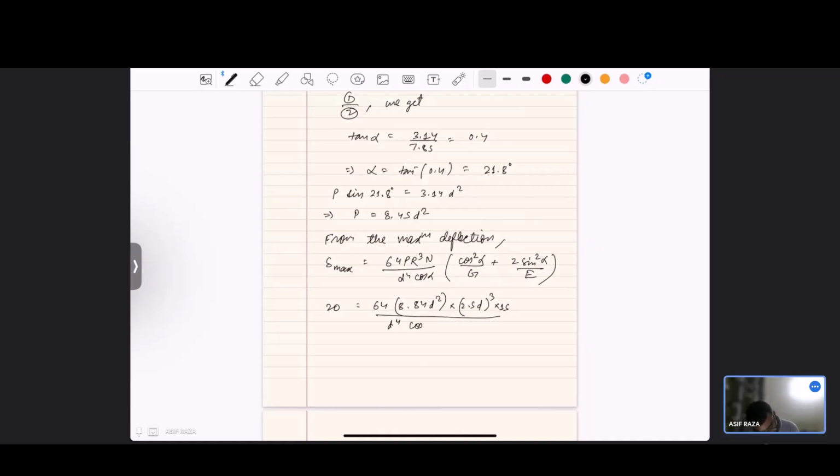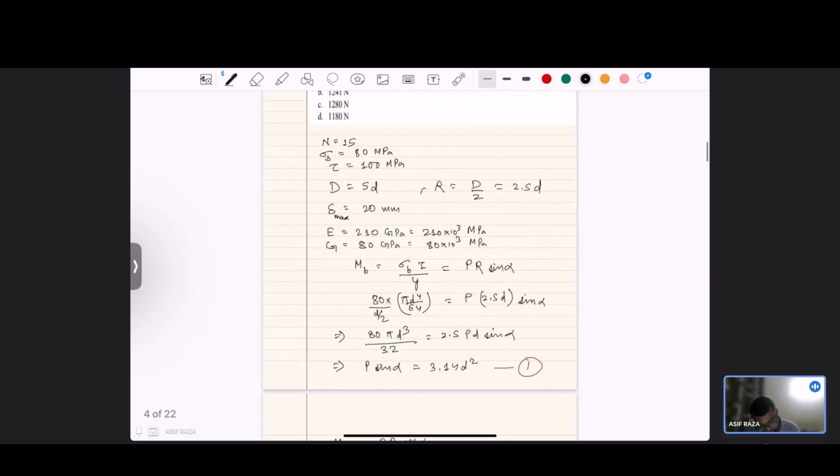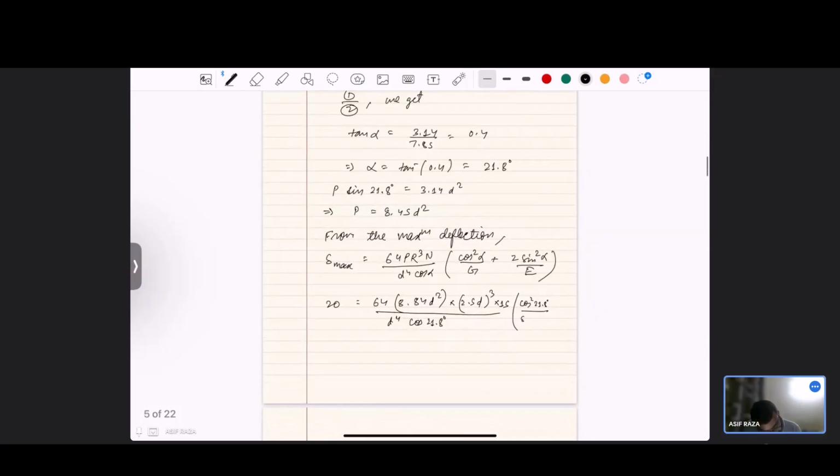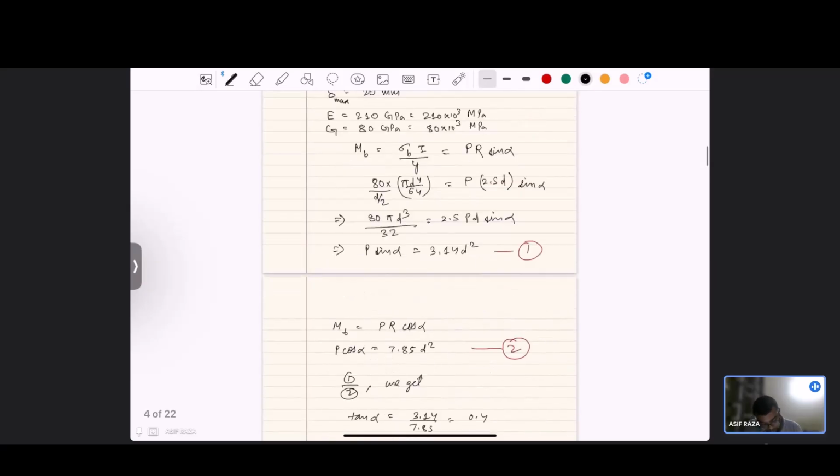cos 21.8 degree, cos square 21.8 degree upon G, which is 80 into 10 power 3, plus 2 sine square 21.8 upon E, which is 210 into 10 power 3, right?